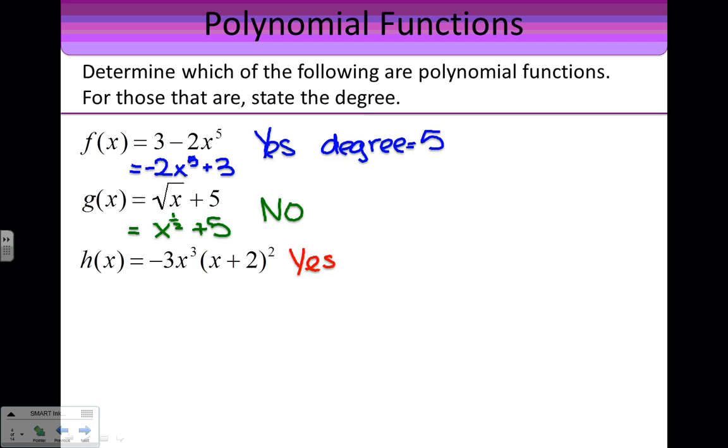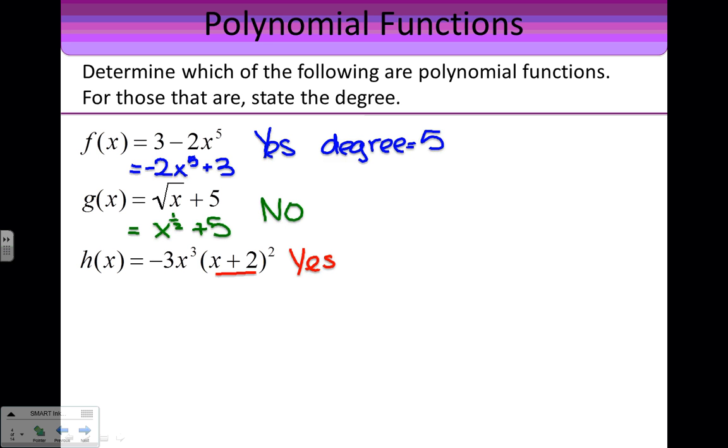You have to think about how would you take this function and get it into standard form. What would you have to do? So to get this into standard form, you would take your (x plus 2) squared, you would multiply that out, distribute your -3x cubed, and then combine like terms. So we know we're going to be multiplying all this stuff together.